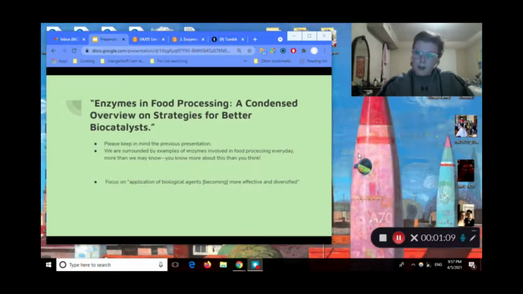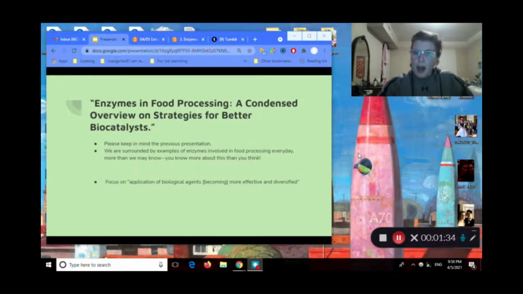This article specifically focuses on the idea of application of biological agents becoming more effective and diversified over time. Specifically, this article is aiming to look at how enzymes, specifically biocatalysts, and their applications can become more efficient and more effective over time.